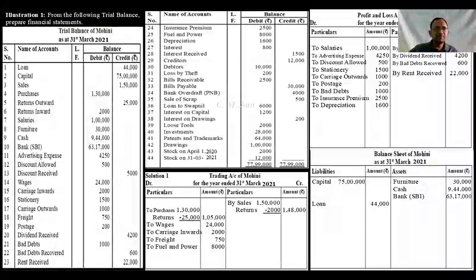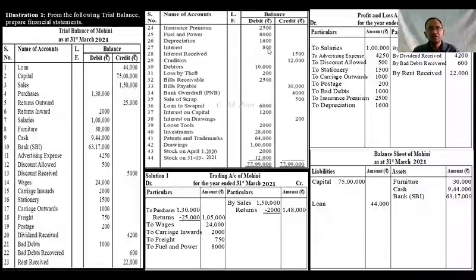Then next we are given interest. Now interest can be both interest paid and interest received. How do we know which one it is? If nothing is mentioned, by default we assume it is interest paid. But here we are given clearly that this interest is interest paid.